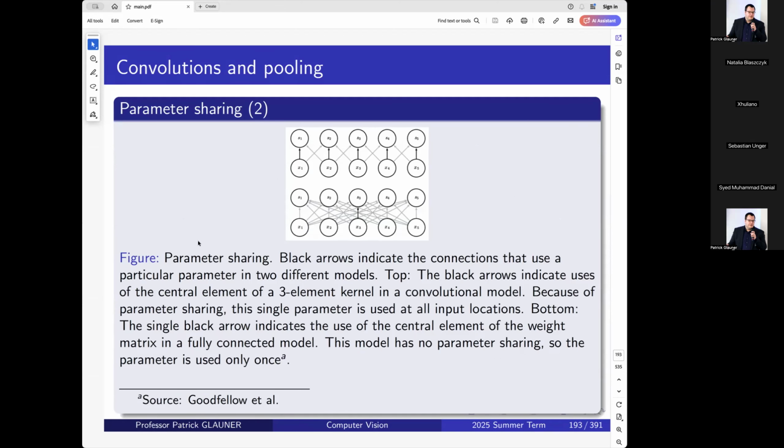This is essentially written here in the figure caption: we use the same feature detector throughout the image. And we have not just one feature detector, but many, but we don't always train new feature detectors for different parts of the image; rather, we move these feature detectors around.